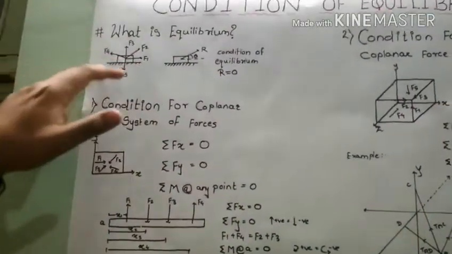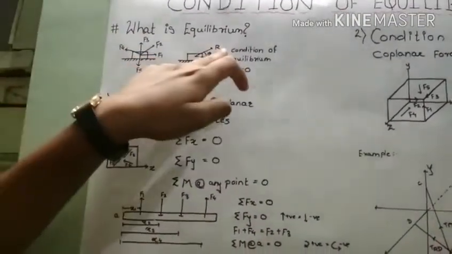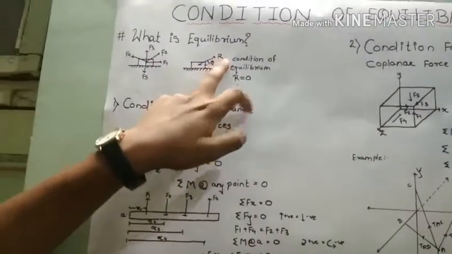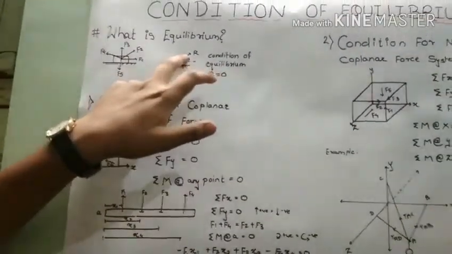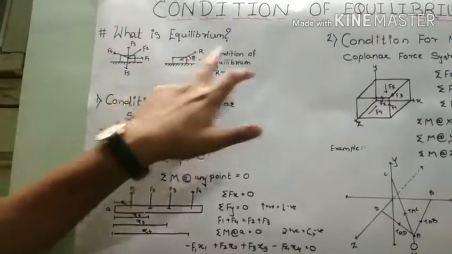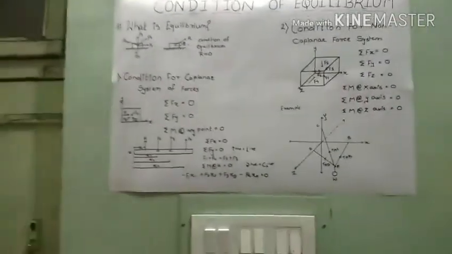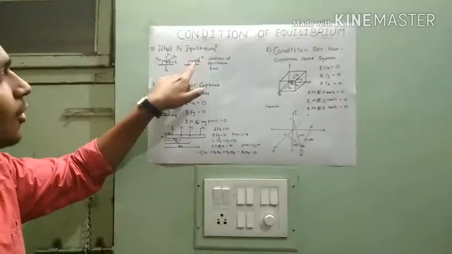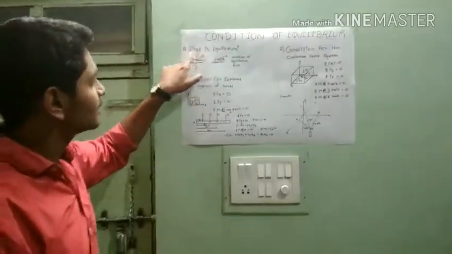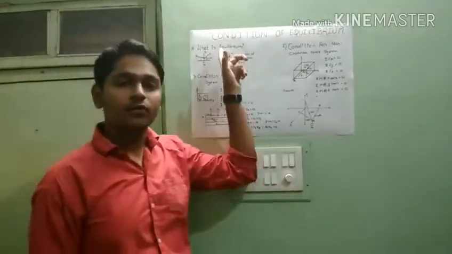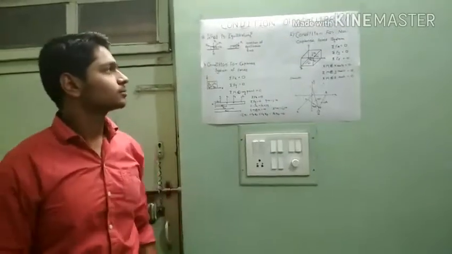We can represent all these 5 forces with a single force R, called the resultant force, acting at an angle of theta with the x-axis. The effect of R on the body is the same as the effect of all these 5 forces on this block.